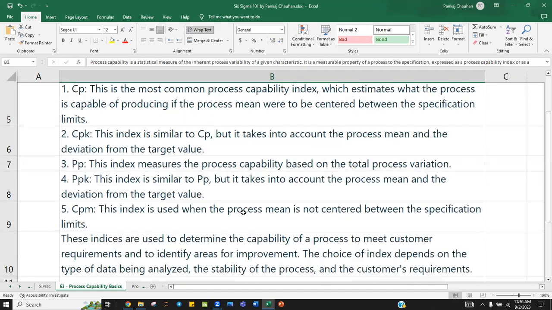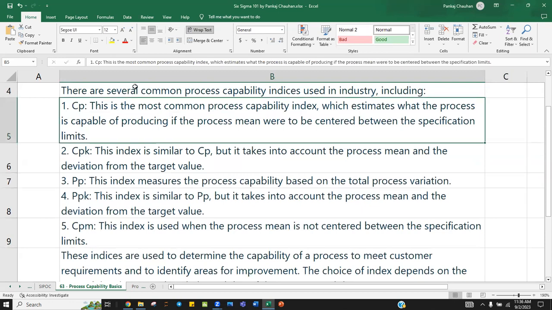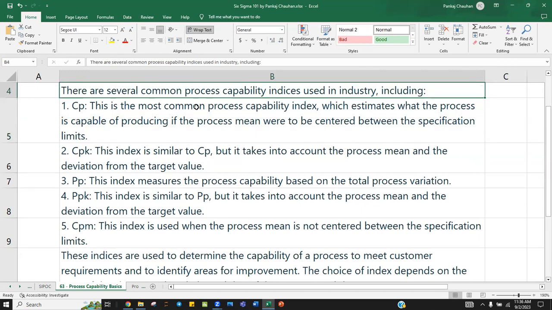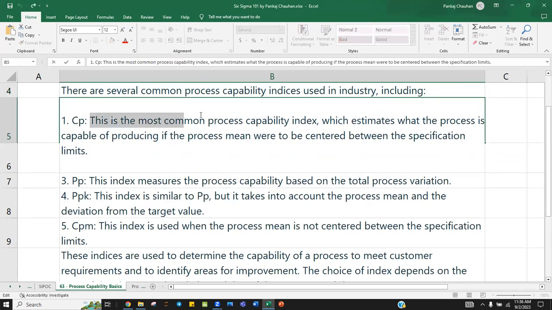There are some basically common process capability indices that we use in the industry. One is CP. CP is the most common process capability index, which estimates what the process is capable of producing if the process mean were centered between the specification limits.